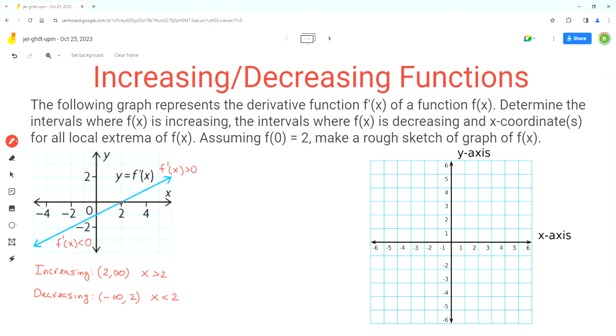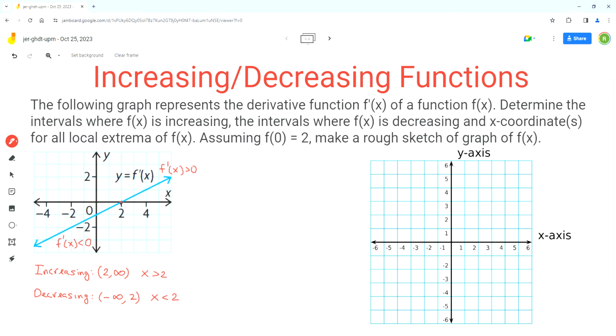So now we have to find the x coordinates for all local extrema of f of x. As we can see in this graph of f prime of x, as we go from left to right, on the left side of x equals 2, the function is decreasing, and as the graph crosses x equals 2, then it becomes an increasing function.